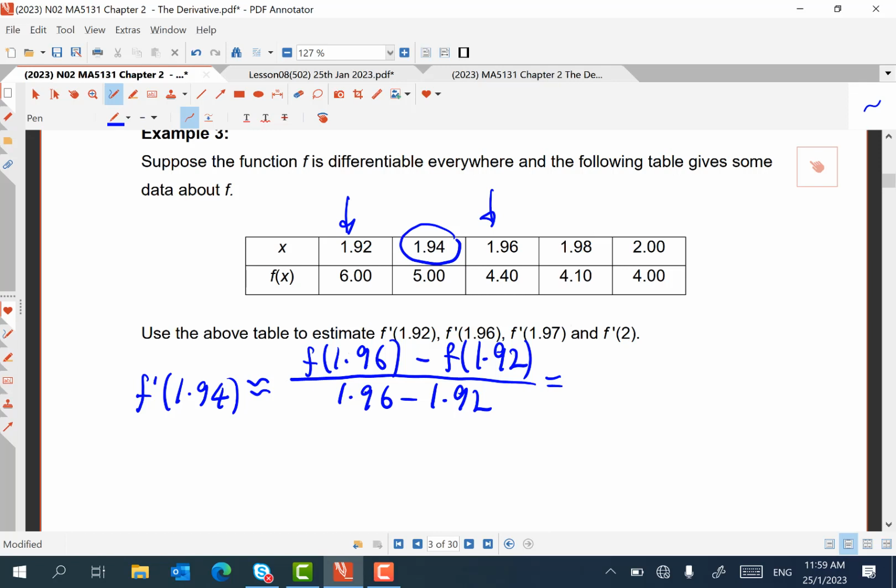You're supposed to guesstimate the gradient this way, and then, of course, you can use your calculator to get the answer. And now to answer Aditi's question: F prime of 1.92. For endpoints like 1.92, the guide says use the point in question and the next available point. So therefore, the guide says to use 1.94 and 1.92 itself.